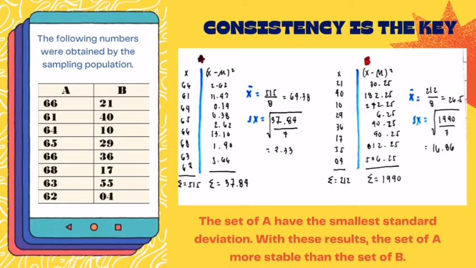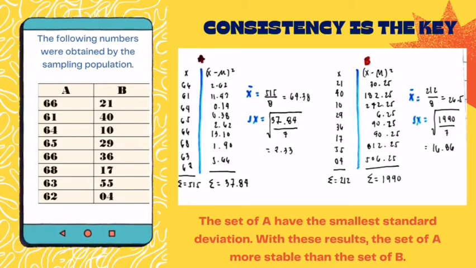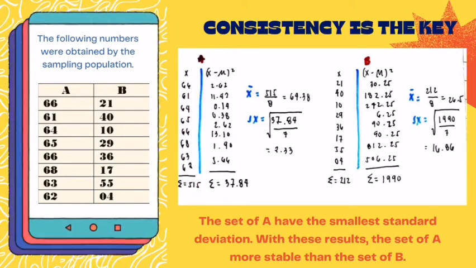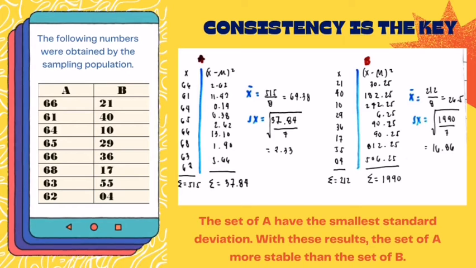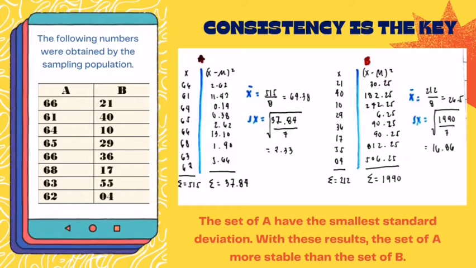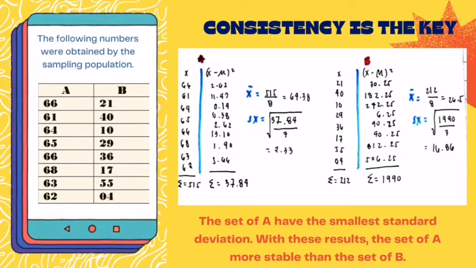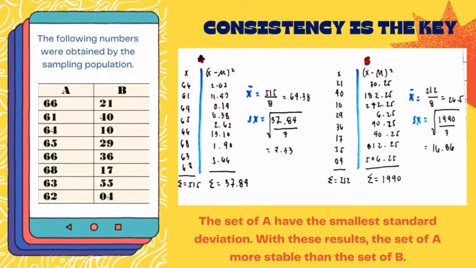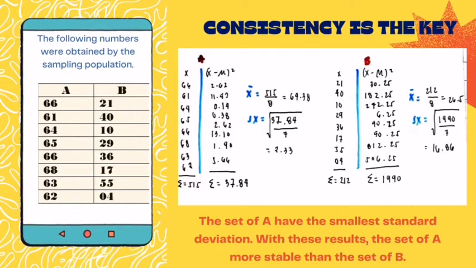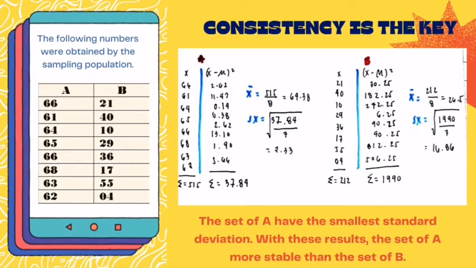The first set that we are going to solve is set A. The summation of the x values of set A is 515 and n is equal to 8. 515 over 8 is equal to 64.38, so that will be the mean. Subtract the mean, mu, from the x values and square it. We obtain the summation of 37.84. Now, for the standard deviation, the square root of 37.84 over 7 is equal to 2.33. So 2.33 is the standard deviation for the first set.